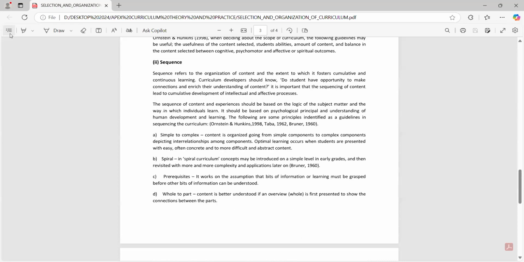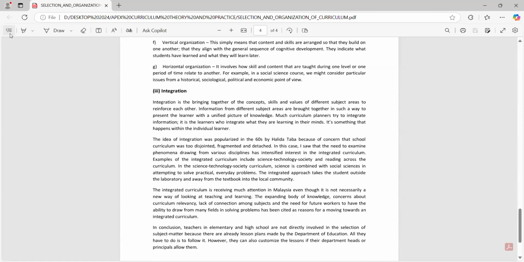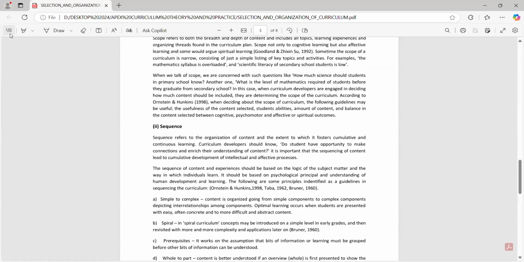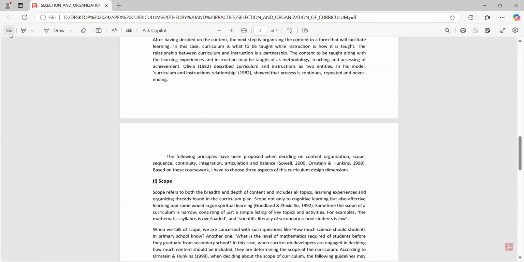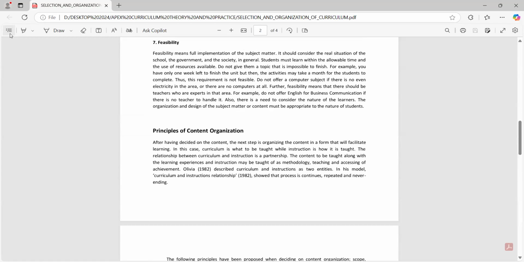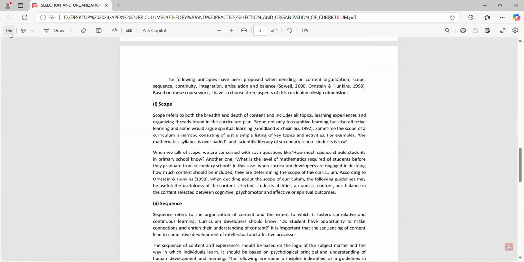So then we have another topic here, but it is big. Now we have only another 10 minutes. I can't actually finish the discussion. That is content organization. This is selection of the content. Then we have to think of principles of content organization. That is also a big topic.